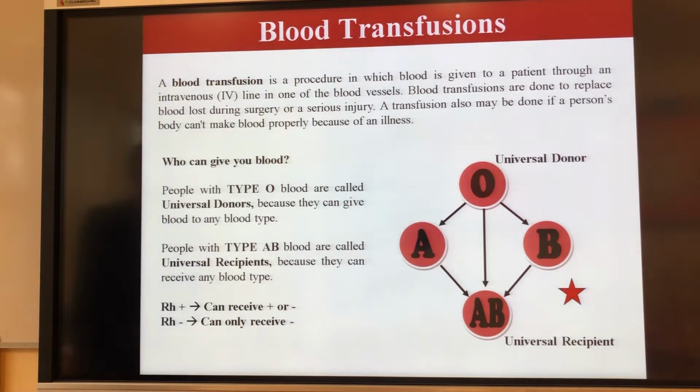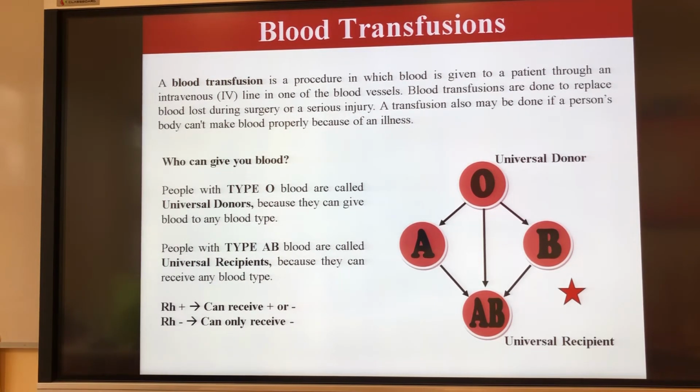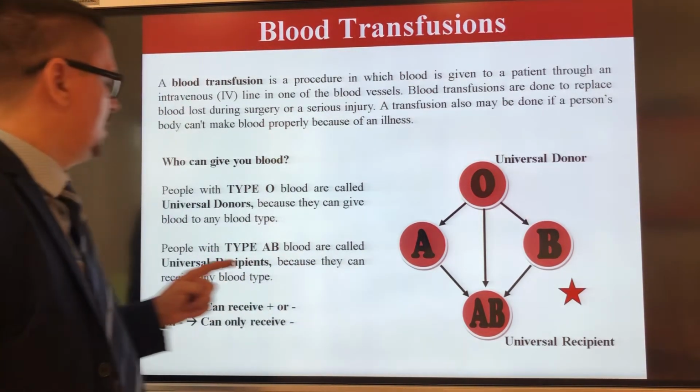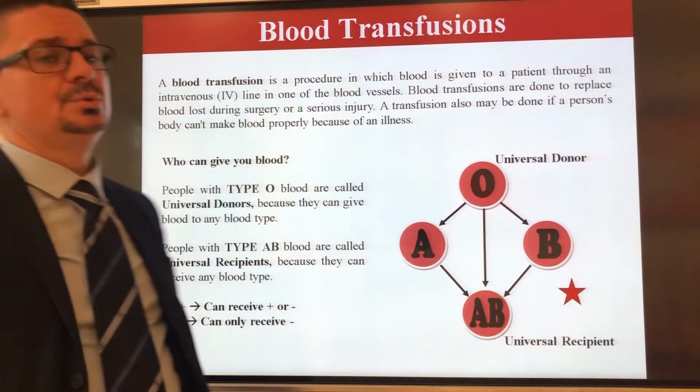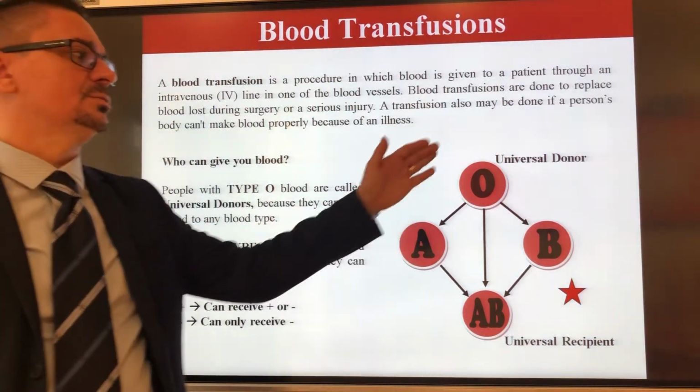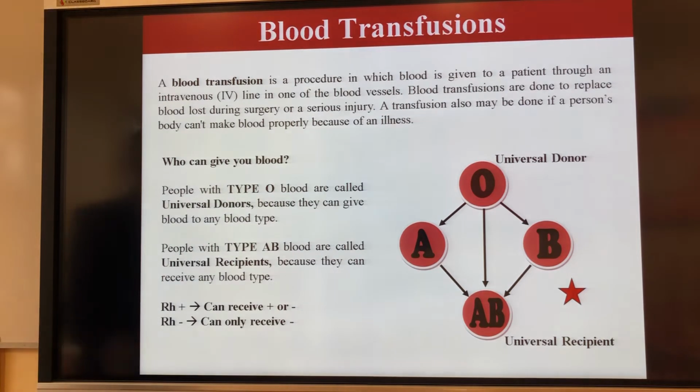A universal donor is a person who can give blood to any blood type. And the other information is also here. People with type AB blood are called universal recipients because they can receive any blood type. So please repeat these two key terms: universal donor and universal recipient.